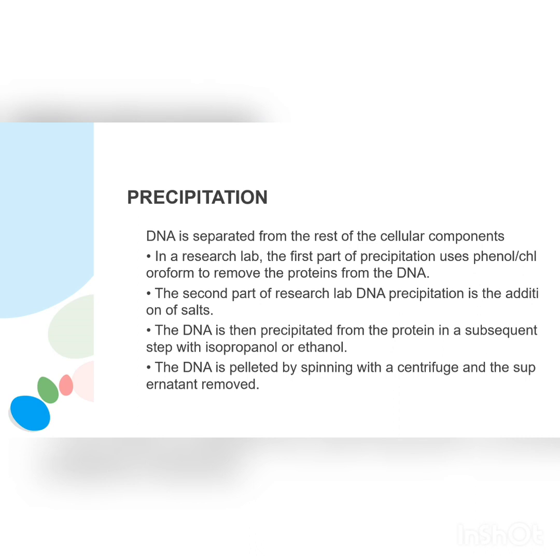Usually in a research lab, the first part of precipitation uses phenol or chloroform to remove the proteins from the DNA. The second part of research lab DNA precipitation is the addition of salts. The DNA is then precipitated from the protein in a subsequent step with isopropanol or ethanol. The DNA is then pelleted by spinning with the centrifuge and the supernatant is removed.